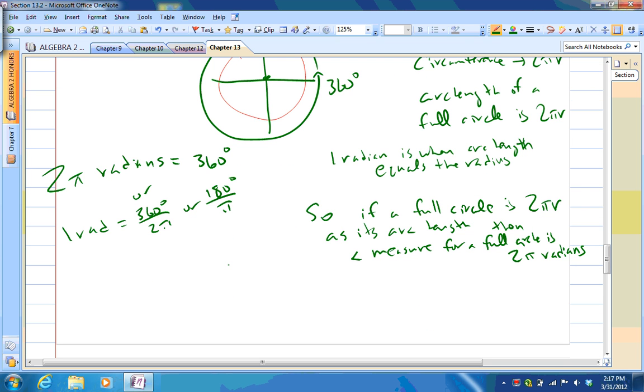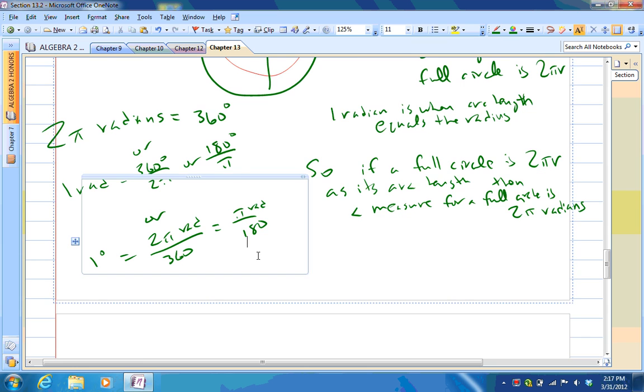We use rad to abbreviate it. Or 1 degree equals 2 pi rad over 360, or pi rad over 180. So we can use these as conversions.